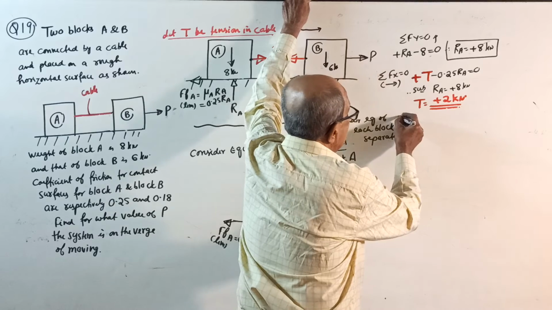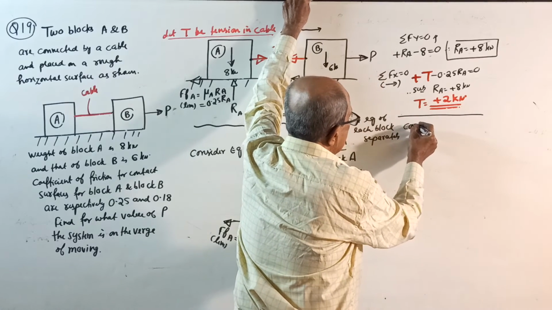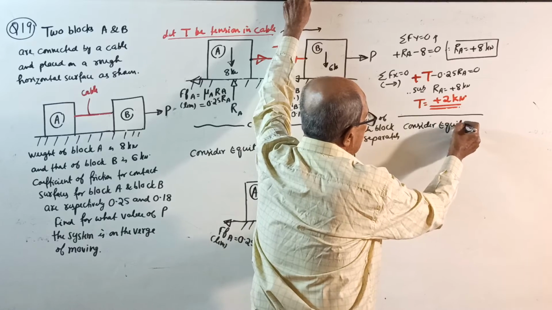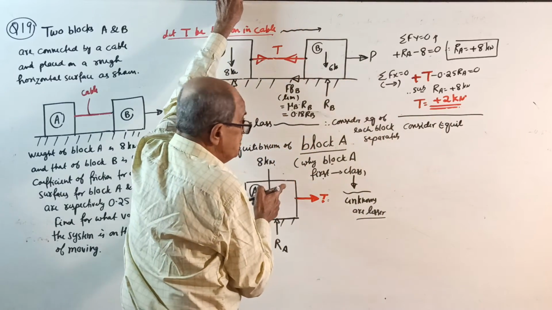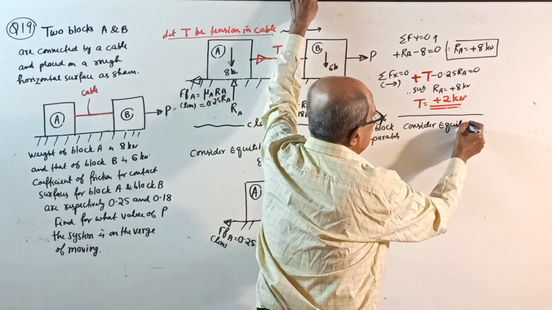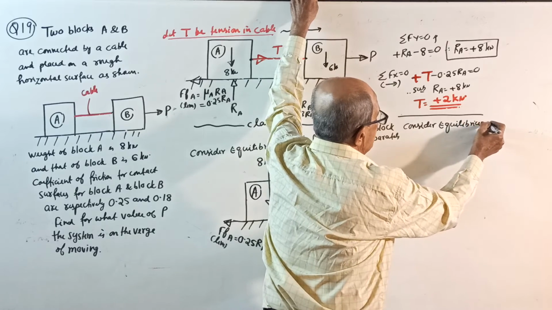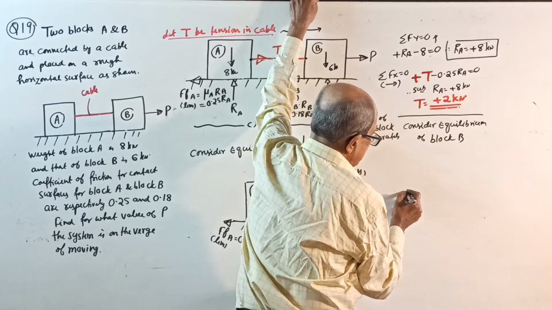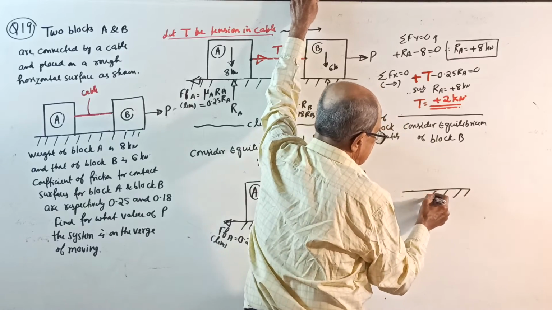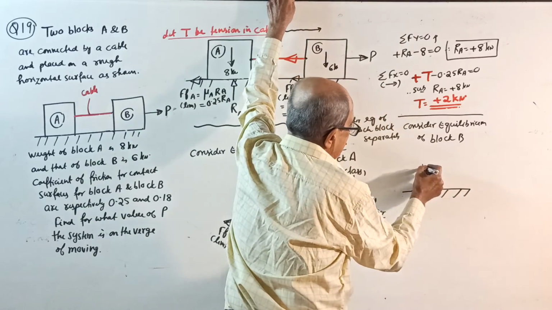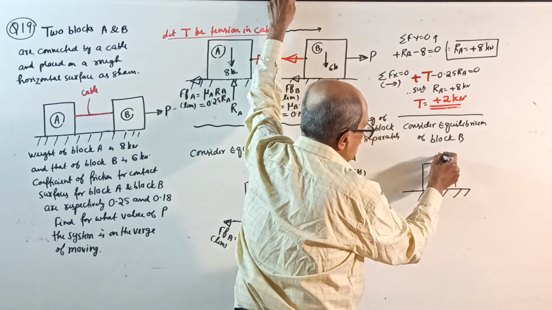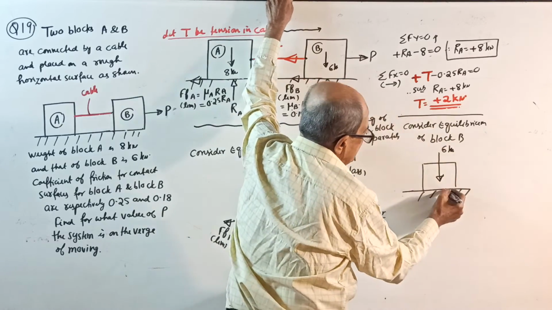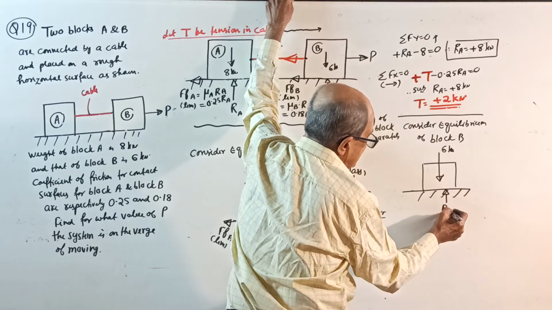Now consider equilibrium of block B. I already told you why block A first. See, write the sketch here. Block B is like this. Weight of the block is 6 kilonewton. Then there is a normal reaction here, RB.